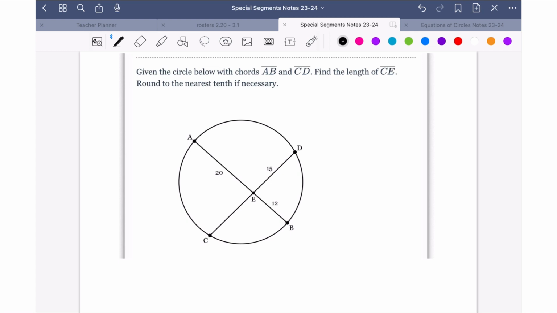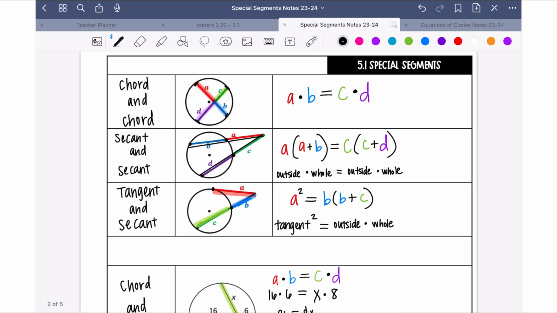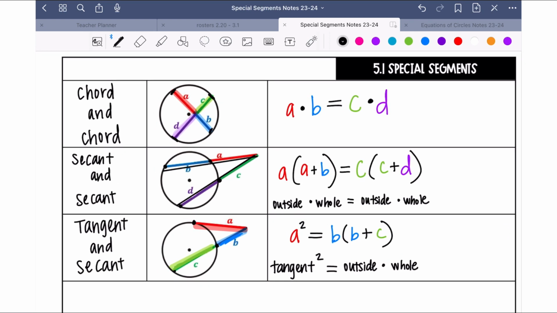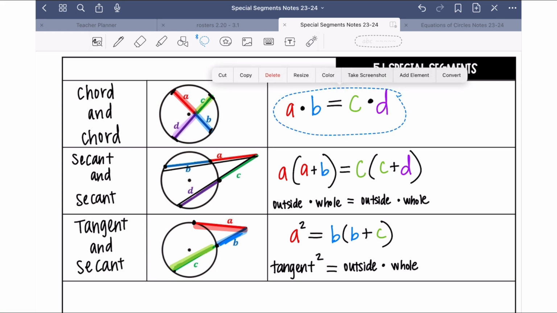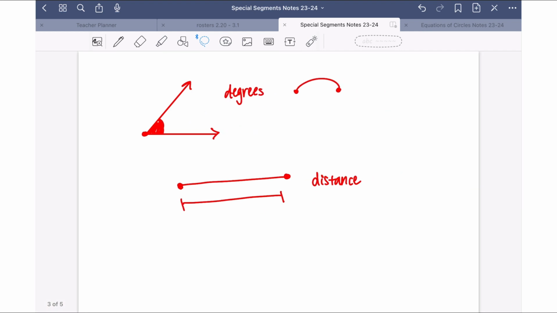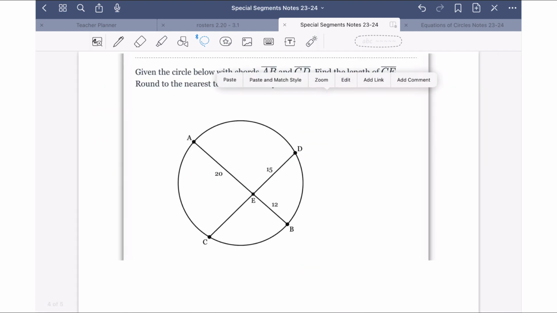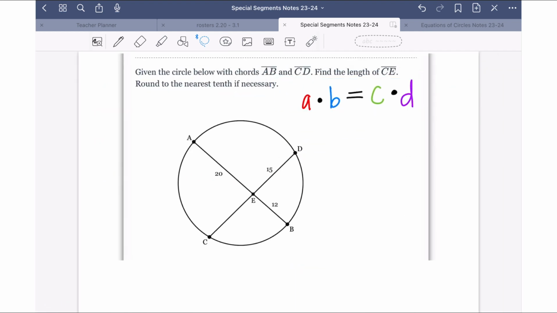Okay, so for this formula, we had two parts of a chord equal the other part. So I'm just going to bring the formula over here. Remember, you can pick anything. This could be this portion times this portion of the chord.